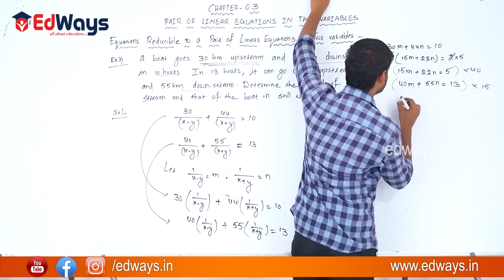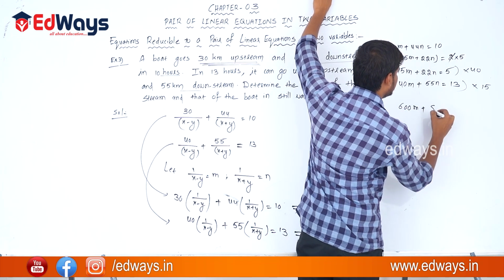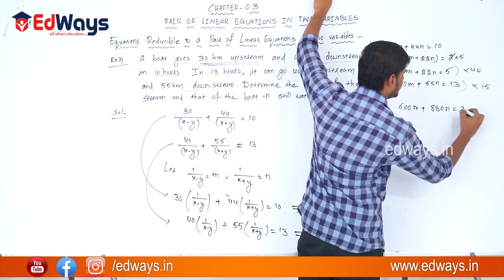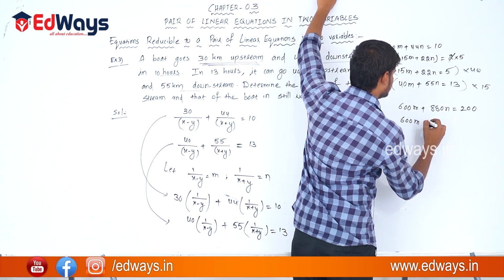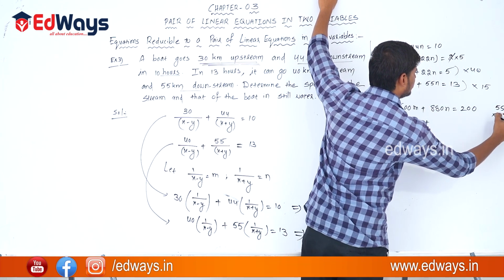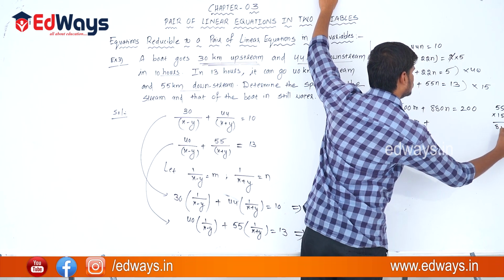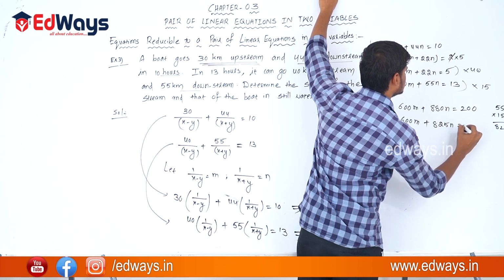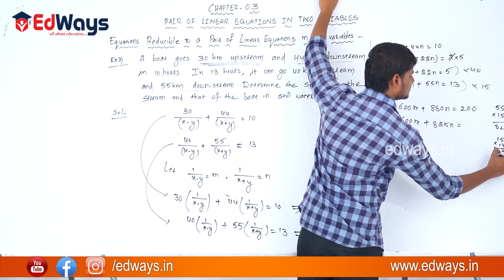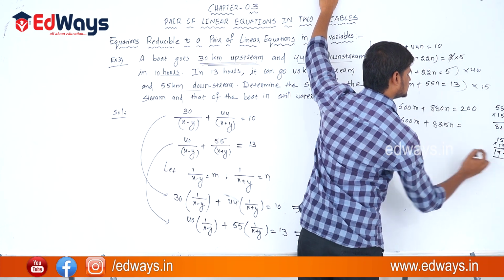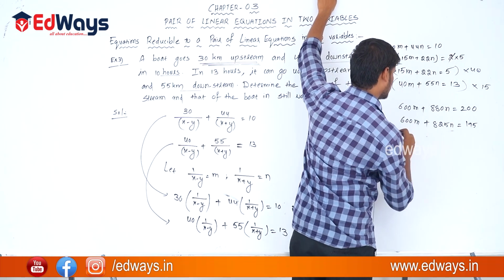Now 15 into 40 is 600m plus 22 into 40 is 880n equals 200. Then the second: 40 into 15 is 600m plus 55 into 15 is 825n, equal to 15 into 13, that is 195. So these are the two equations we got, right.